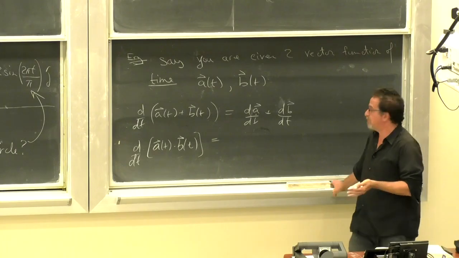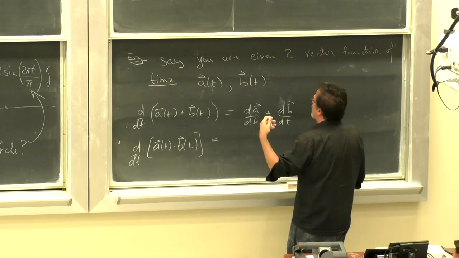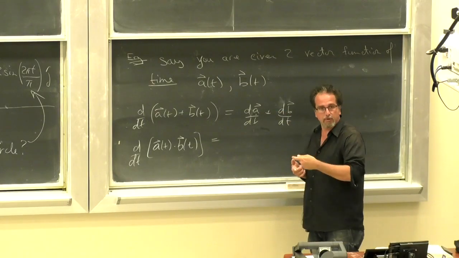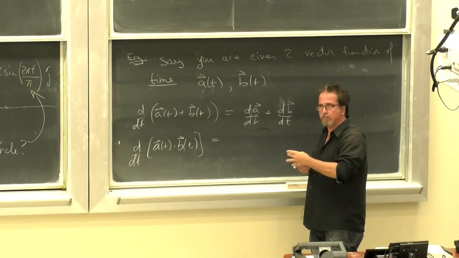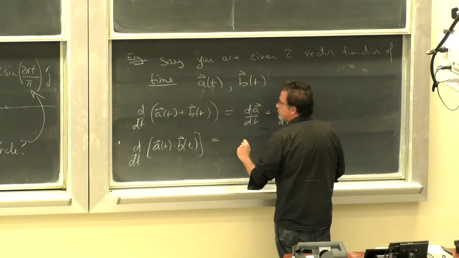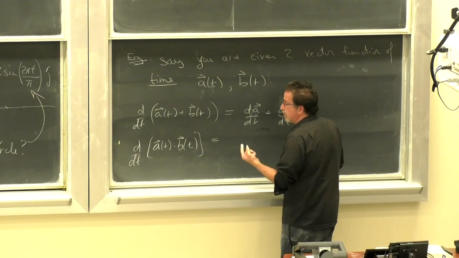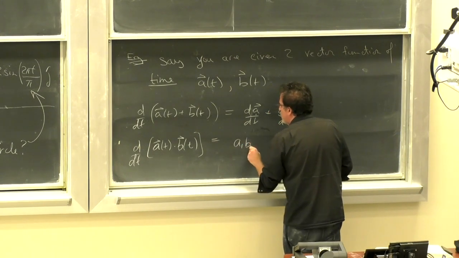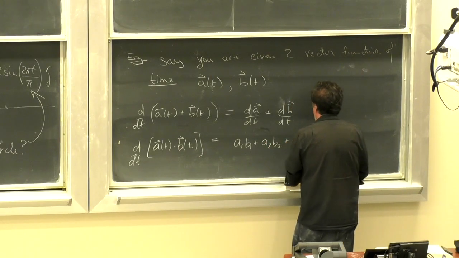If you take a look at the components, A has components A1, A2, A3 for the i hat, j hat, and k hat components, and B has components B1, B2, B3. So if you take this dot product, the dot product results in A1 B1 plus A2 B2 plus A3 B3.